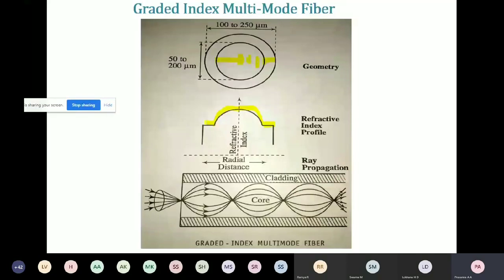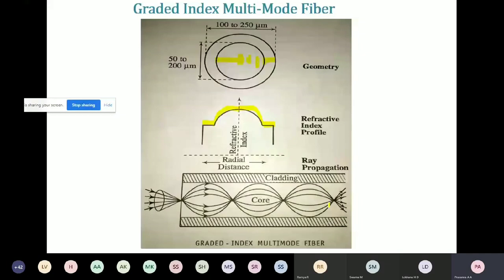It is not showing steps, but a gradually varying refractive index. Hence it is called graded index multimode optical fiber. The dimensions remain the same, 50 to 200 micrometer, as in the second one. And the number of rays propagated through the fiber is again more than 2, so it is a multimode optical fiber.